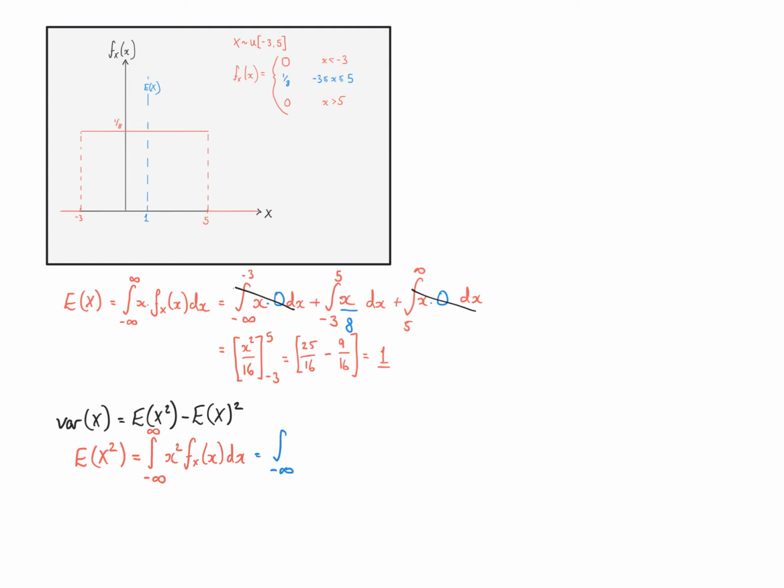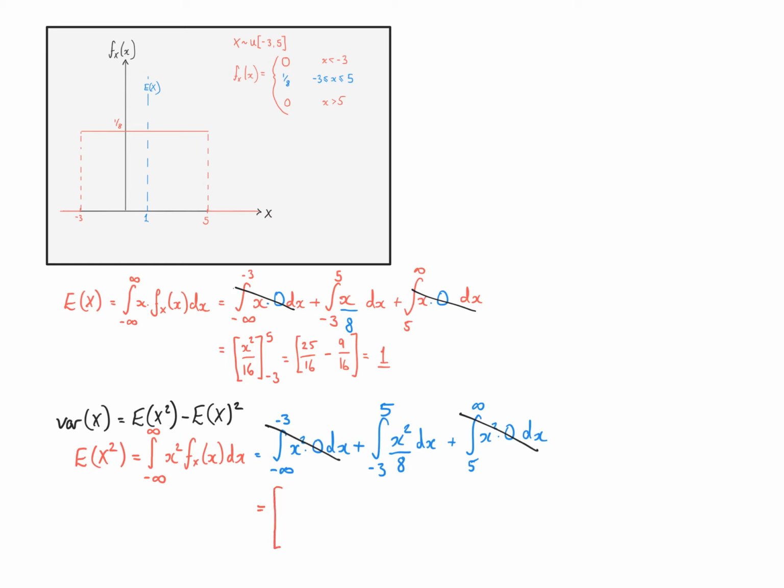The integral between minus infinity and minus 3 of x squared times 0, which will just be equal to 0, plus the integral between minus 3 and 5 of x squared times our probability density function, which is 1/8, so it'll be x squared over 8 dx, plus the integral between 5 and infinity of x squared times 0 dx. Again, these two parts disappear, leaving us just with the integral between minus 3 and 5 of x squared over 8.